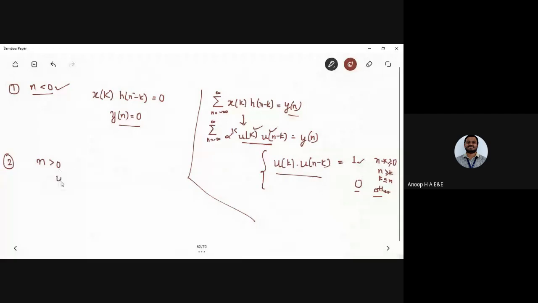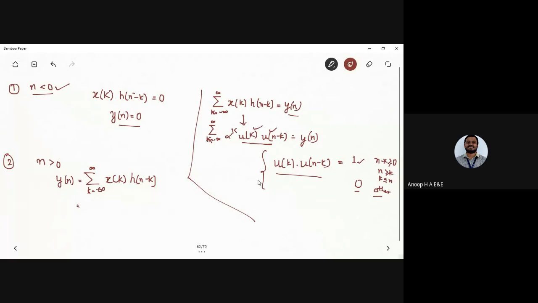So you have y of n, that would be equal to sigma, yeah, this is the value of k here, not n. Make a change, sorry. This is k here. I have k equal to minus infinity to plus infinity x of k and h of n minus k.